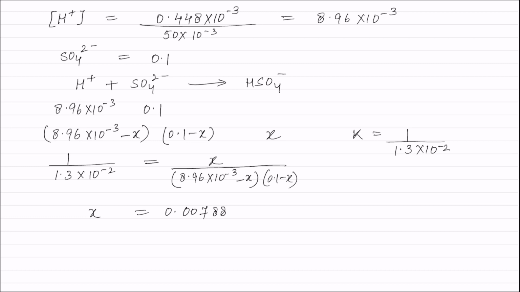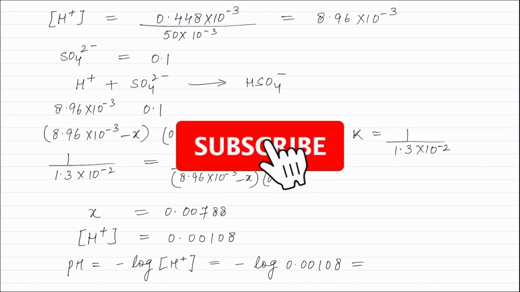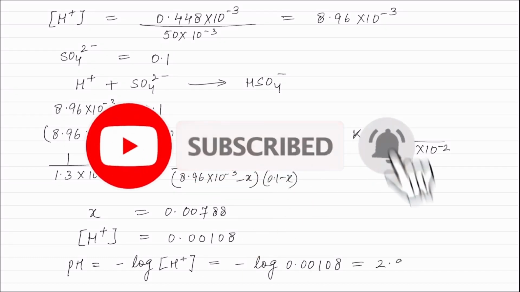Subtracting the value of X, the concentration of H⁺ ion in the solution will be 0.00108. Now pH of solution is equal to minus log of H⁺ ion concentration, which is equal to minus log 0.00108. And solving this, the pH of the solution is equal to 2.96.